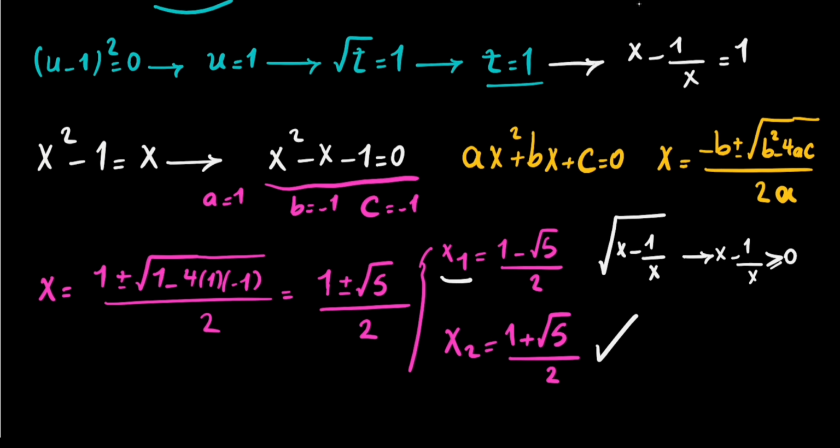So if x is equal to (1 minus the square root of 5)/2, it can't be equal to 0 or greater than 0. So that's not correct. And the final correct answer is (1 plus square root of 5)/2.